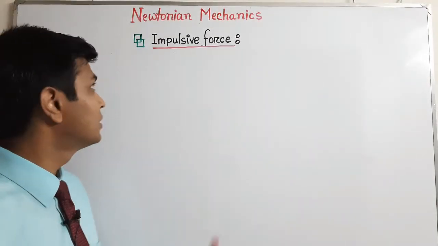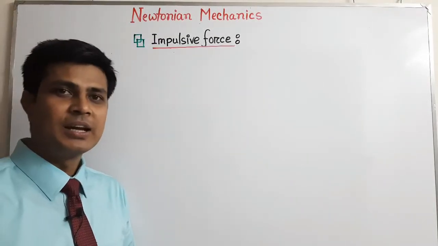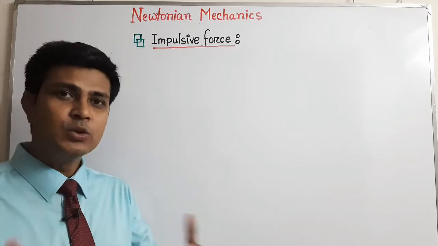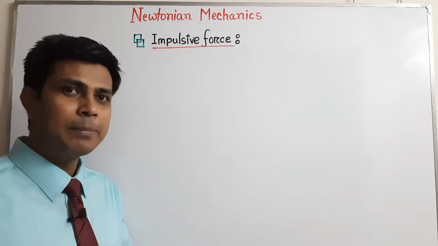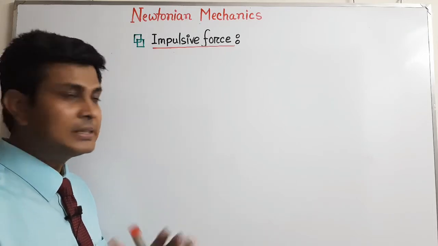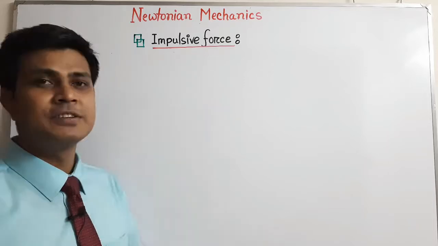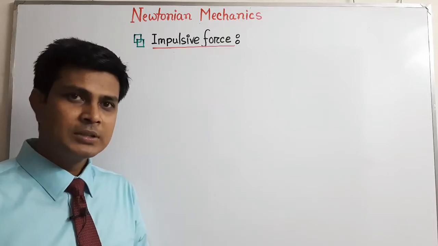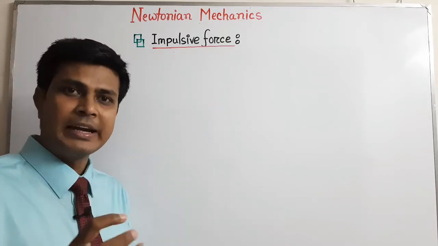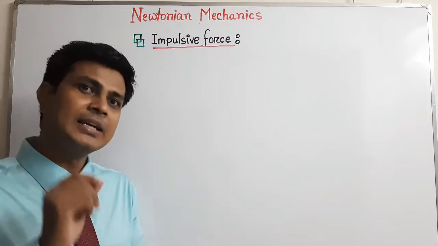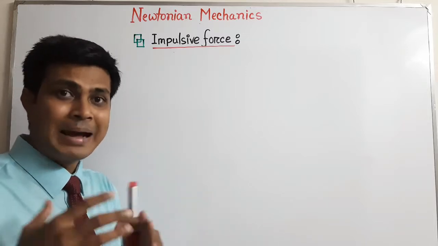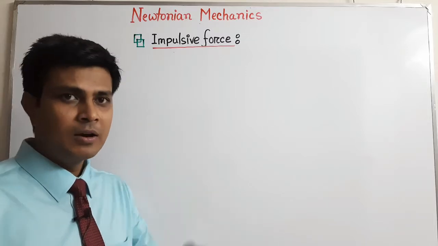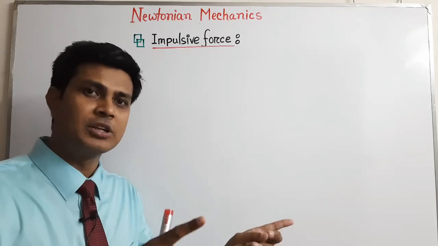Now let's have a look at impulsive force. An impulsive force means if a huge amount of force is applied in a very short time, then that force is called impulsive force. Suppose when we strike a cricket ball with the cricket bat, at that time a massive amount of force is applied on the cricket ball in a very short time.